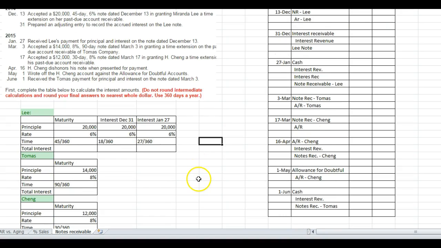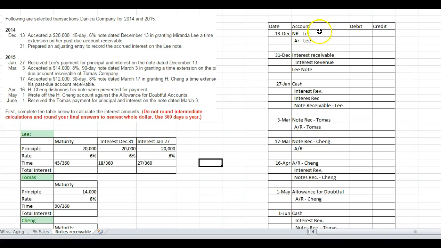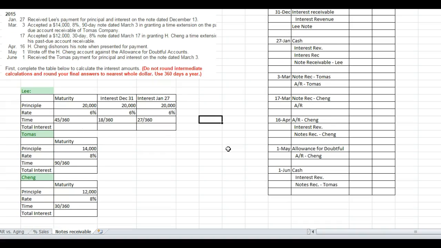So, we're going to calculate the interest first so that we have the numbers we need when we start doing the journal entries. So, you've got a maturity value of 20,000. It's 6% a year, and we're going to need the time spans of 45 days, 18 days, and 27 days.